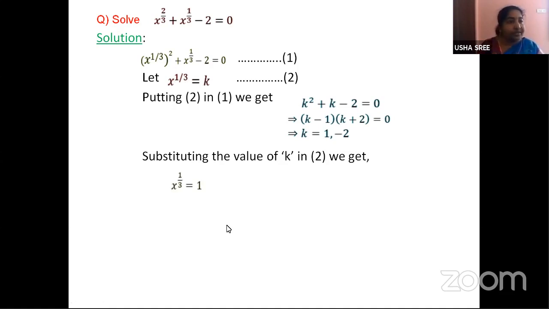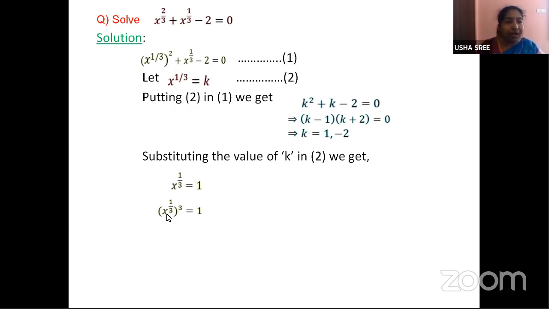We'll do that. So first we will take x power 1 by 3 is equal to 1. Since you have a fractional power with 3 in the denominator, we will take cubing on both sides.